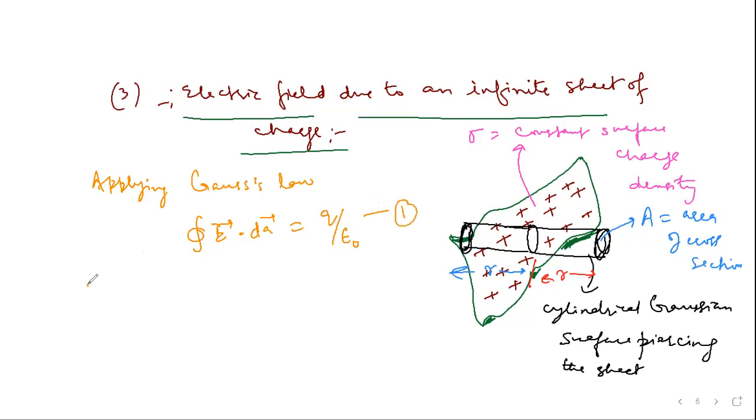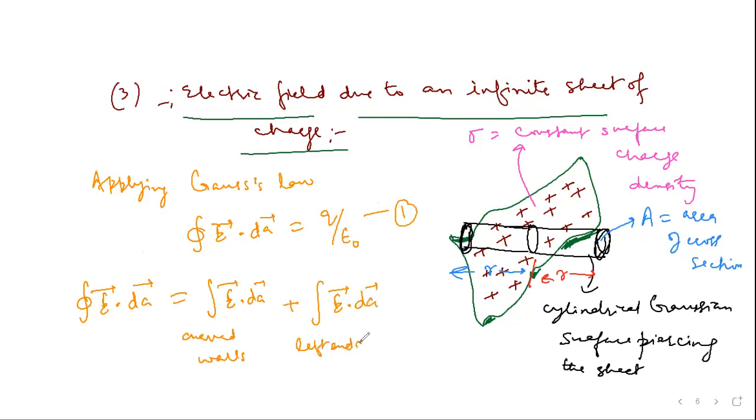So again, I split this flux through the surface into three parts: the integral of E dot dA over the curved walls, plus the integral of E dot dA over the left end cap, plus E dot dA over the right end cap.